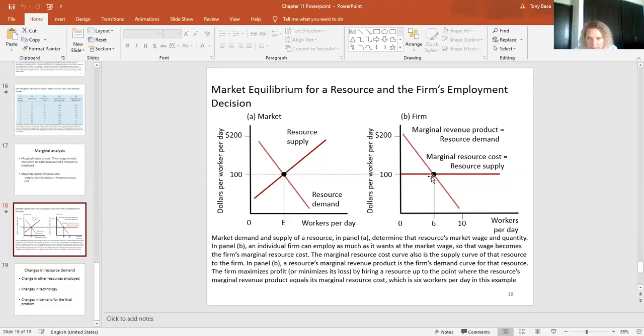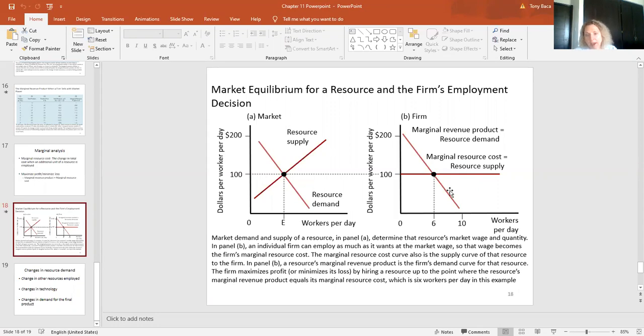This actually looks like maybe the second one, the firm with market power, because remember I said you wouldn't want to hire any more than 6 units of that labor, because at $100 they didn't even make back what you were paying to buy them. And so you can see here at 6 workers per day is where you hit your equilibrium of sorts, and that would be your profit maximizing level of resource: 6 workers per day.